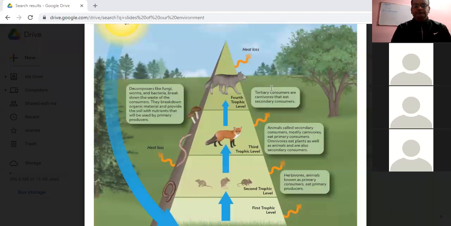Write down: explain with an example Lindeman's 10% law of flow of energy in an ecosystem.